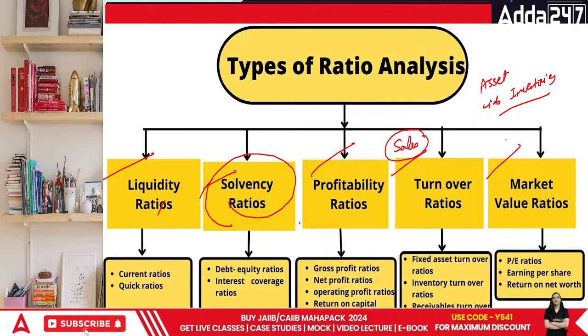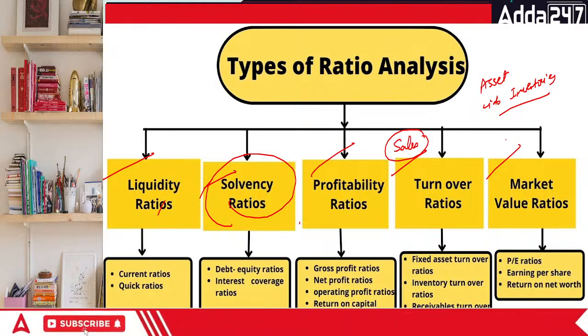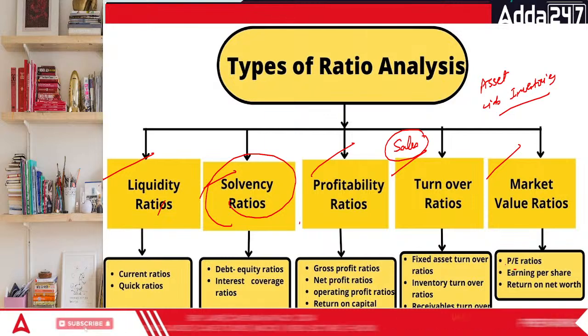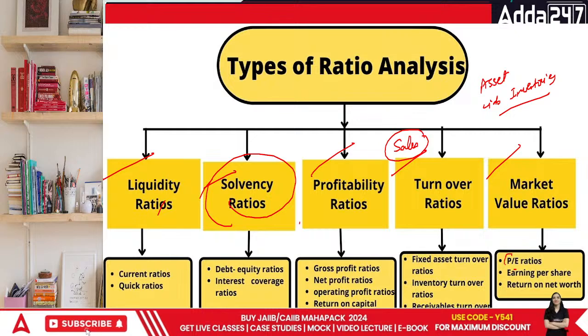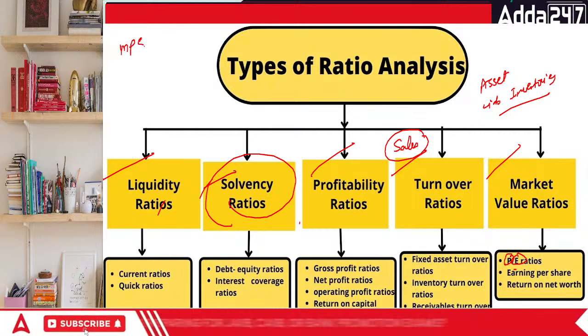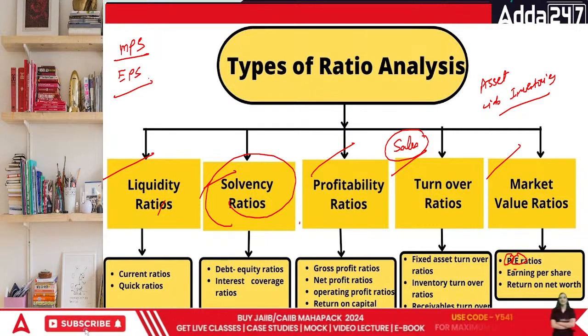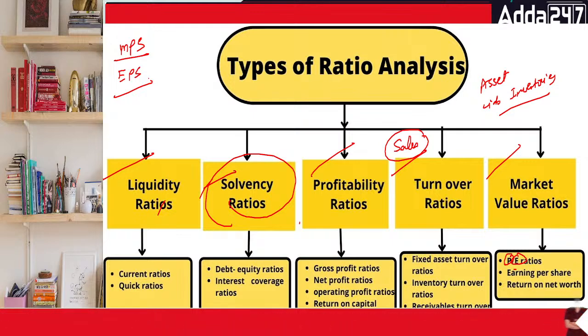Among the multiple areas is the PE ratio, which is MPS upon EPS, your market price divided by earnings per share. So this is how we define the market value ratios.